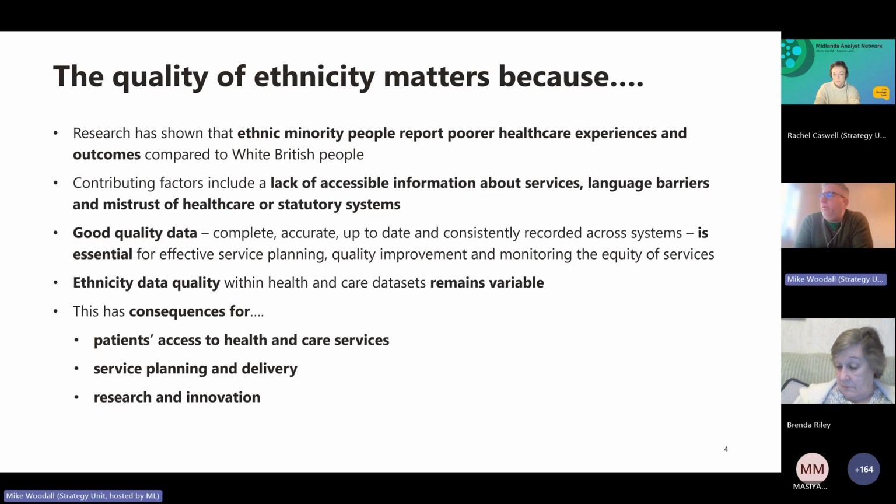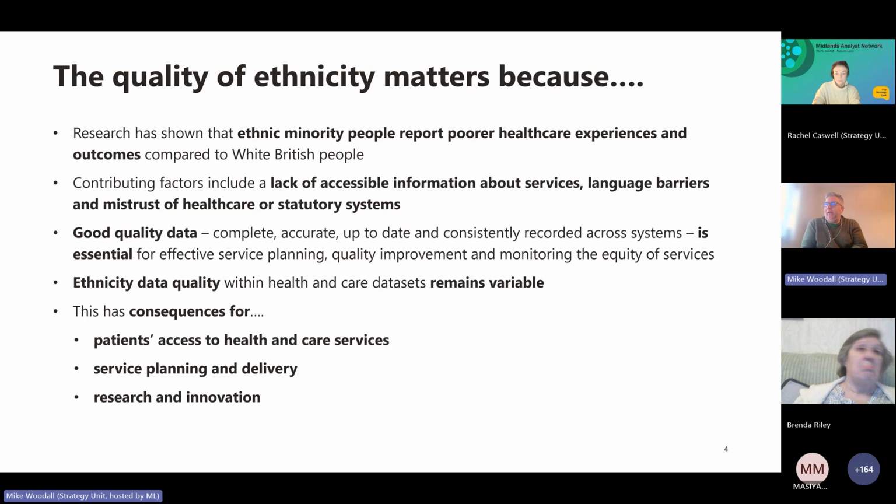And good quality data, so data that's complete, is accurate, is up to date, and consistently recorded across systems, so the same person has the same ethnic group in all the data systems, is essential for effective planning, looking at quality improvement, so improving services, monitoring equity of services, looking at background inequalities and all sorts of areas.